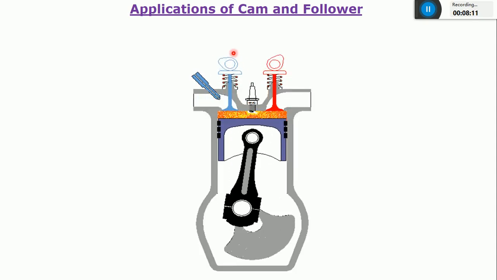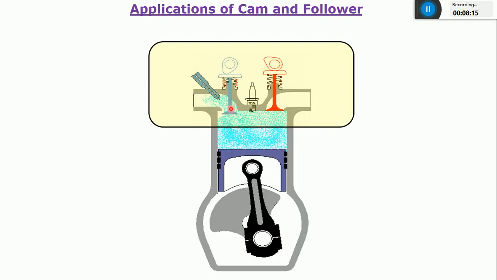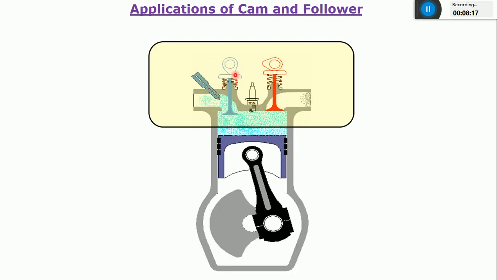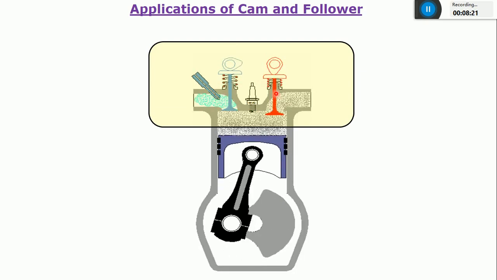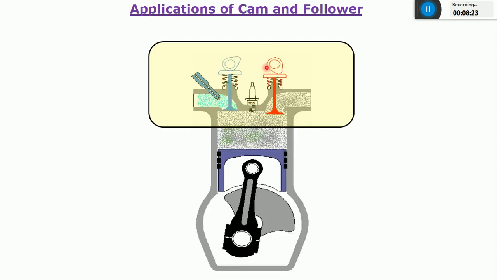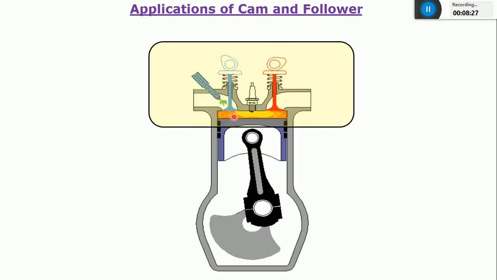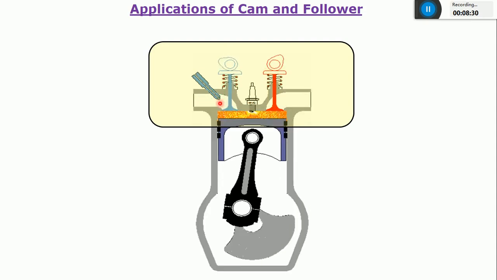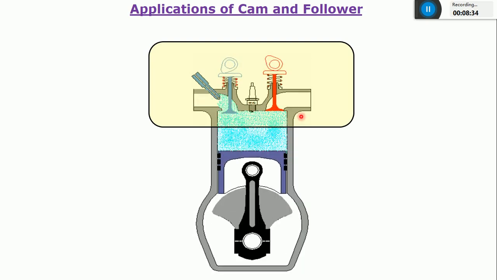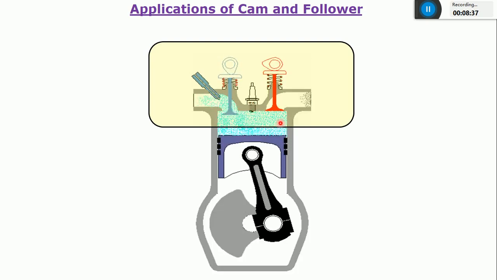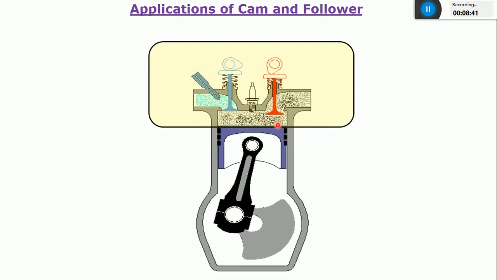So you can see in this highlighted portion, this is nothing but a follower and this is nothing but a cam. Again this red color one, this is also a follower and this is also a cam. Okay, and you know that during the suction stroke of this IC engine, the inlet valve will be opened, correct? And at the last stroke, that is the exhaust stroke, this exhaust valve will be opened.